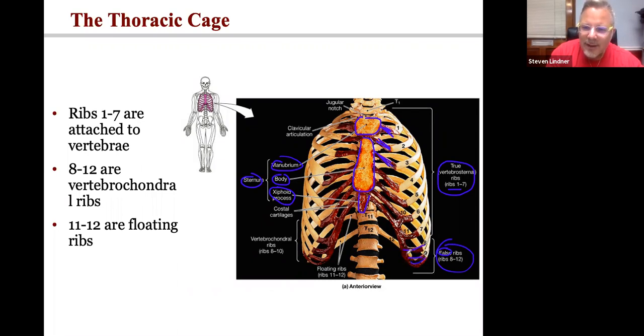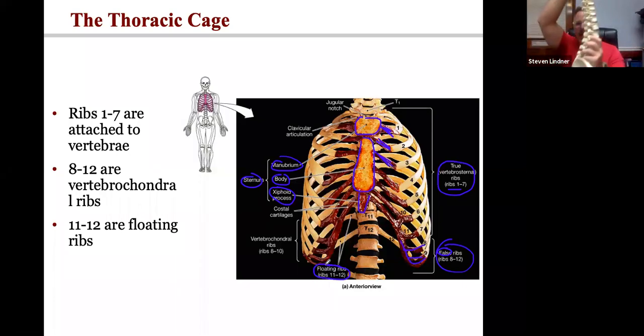You can see they share cartilage going to the sternum. And then the last 2 ribs, 11 and 12, are called floating ribs. Why? They don't have any cartilage attaching to the sternum. They just float.